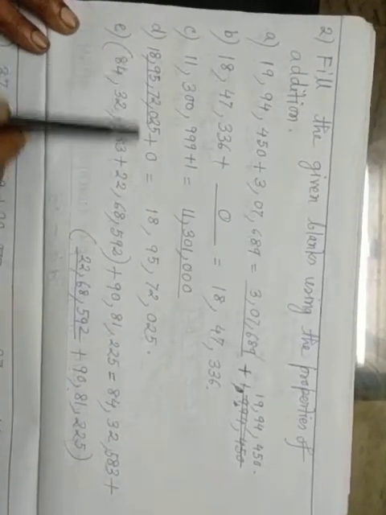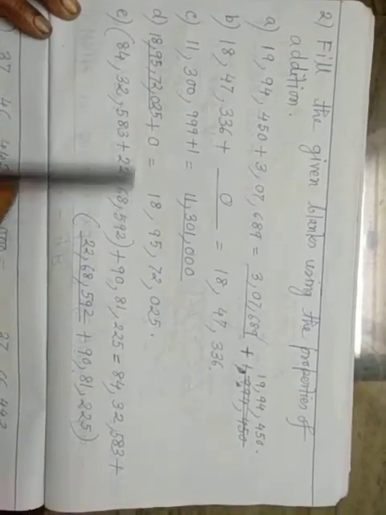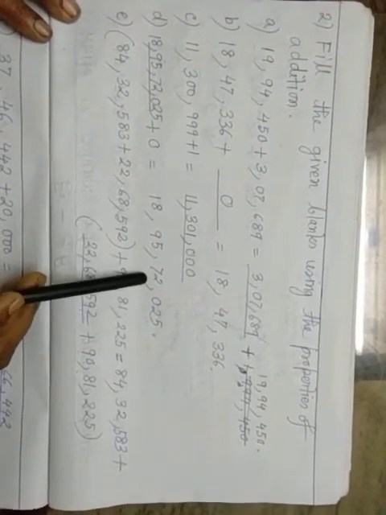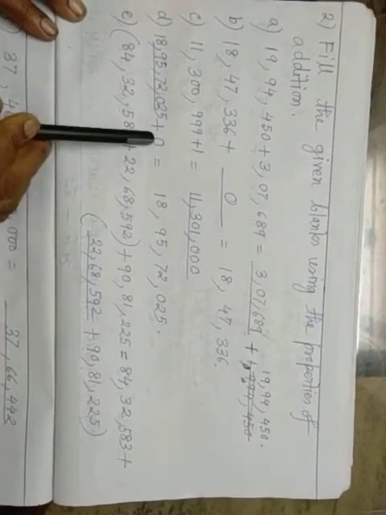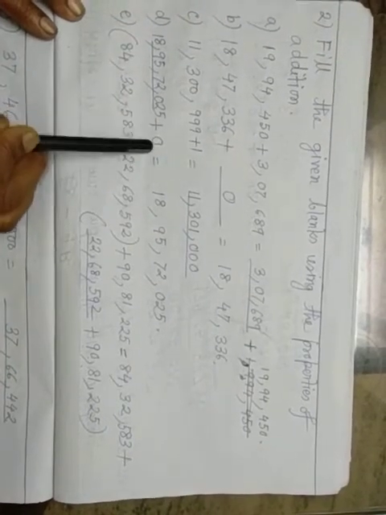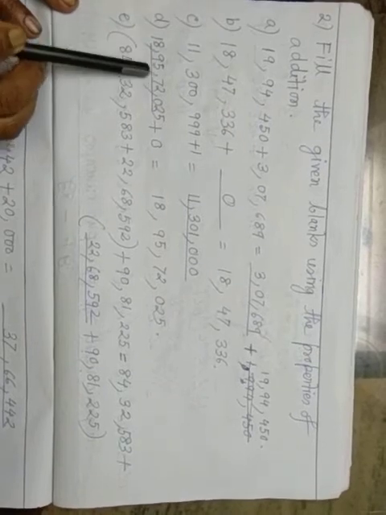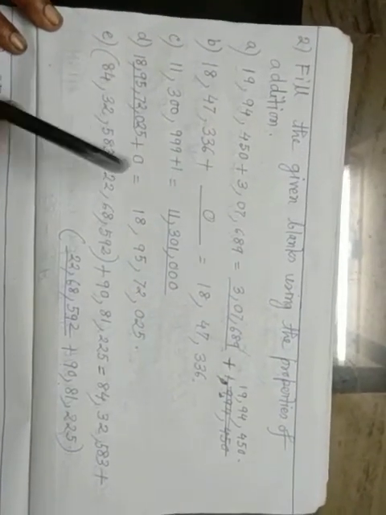Next, blank plus 0 equals 18 crore 95 lakh 72,025. So plus 0, the same number, 18 crore 95 lakh 72,025.